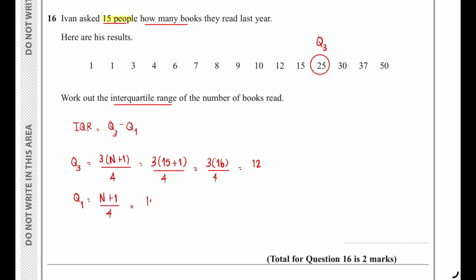So it is equal to (15 plus 1) divided by 4, which is equal to 16 over 4. So it is equal to 4. So the fourth position is this one. So therefore, IQR is equal to 25 minus 4, which is equal to 21.